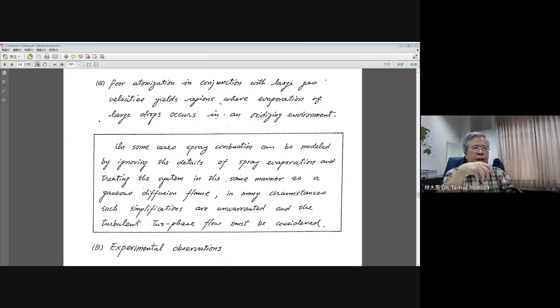The first one, later on I will give you some experimental judgment. If you consider a well-atomized spray, that means you can provide a bunch of small, tiny liquid droplets in your spray field. In this case, the evaporation is very strong. The gasification will be complete in a short distance, in the axial direction or the radial direction, either way.